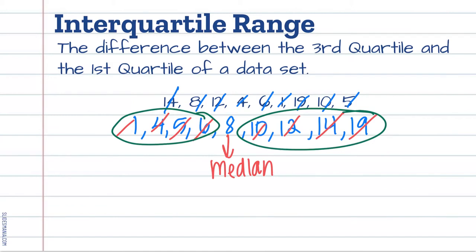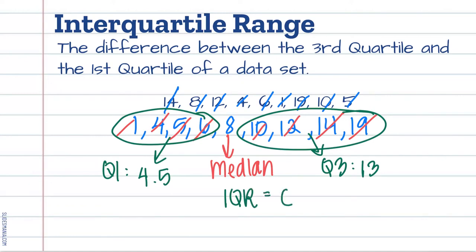The median of our first half, which is our quartile 1, was in between 4 and 5, so a value of 4.5. And our third quartile, which is the median of the upper half, was in between 12 and 14, which gave us a value of 13. So for our interquartile range, it is the difference between our third quartile and our first quartile.